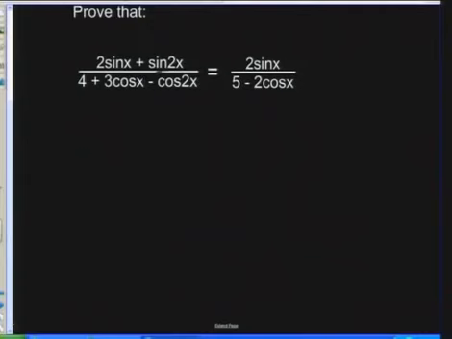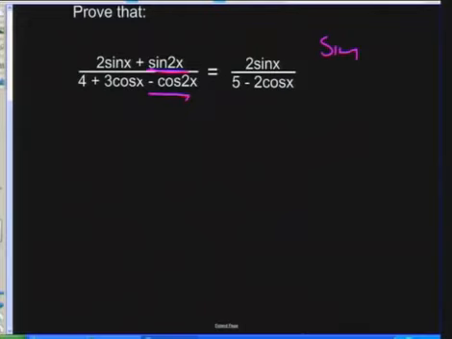I see two sine 2x. That is a compound. I can use my double and compound. Also, cos 2x. Let's see what we have. If you look at your formula sheet, you should have something like this.